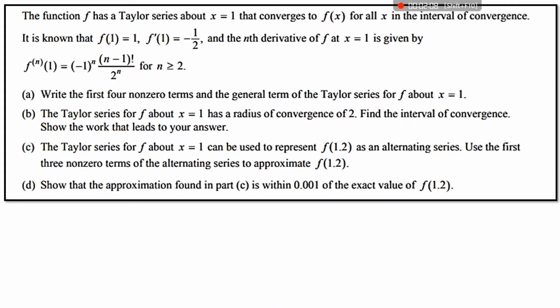We were told our constant here, so I'm just going to start there. F of 1 is 1, and f prime of 1 is negative 1/2. Okay, we're given those two. What's the second derivative?